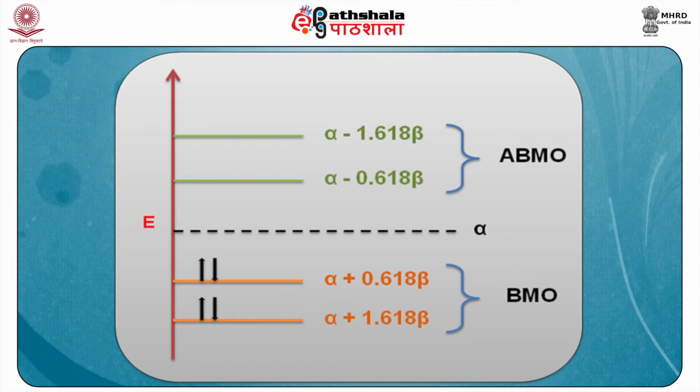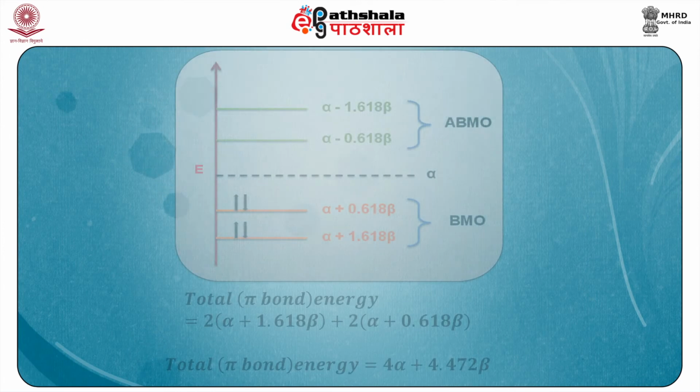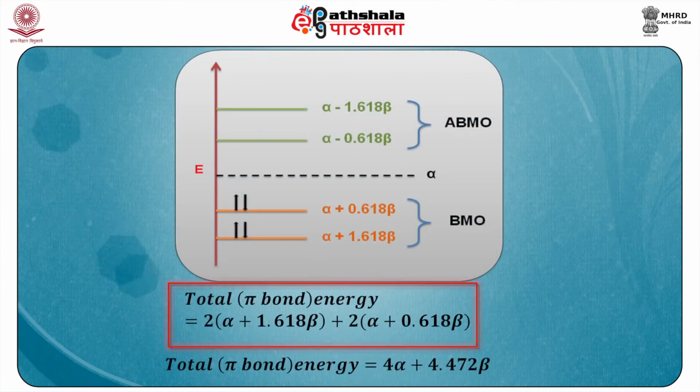And the next 2 pi electrons will go to the bonding molecular orbital with energy equal to alpha plus 0.618 beta. This gives us an overall HMO energy level diagram for butadiene. Based on this energy level diagram, one can very easily calculate the total pi bond energy of butadiene.